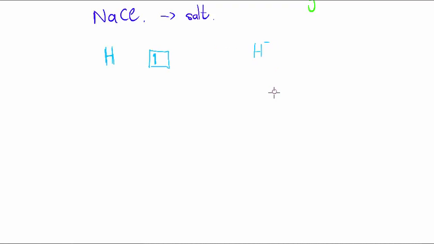Okay. So hydrogen can be hydrogen where he's given away an electron, making him positive, or it can be hydrogen where he got an electron and is negative. An example would be sodium hydride. Sodium gave away his electron to hydrogen. So hydrogen can be either one of those two.